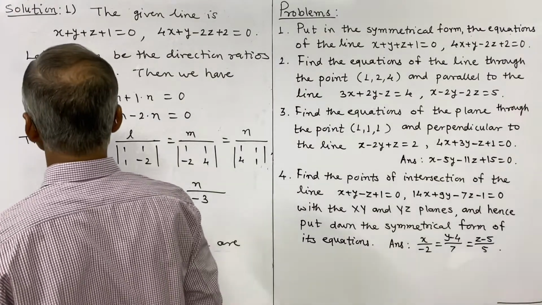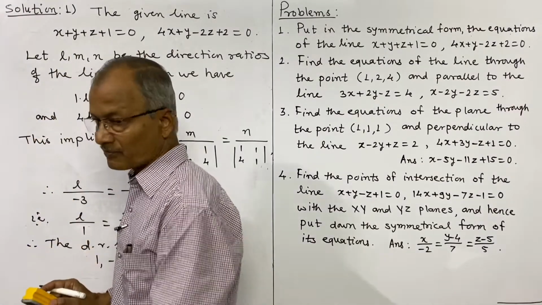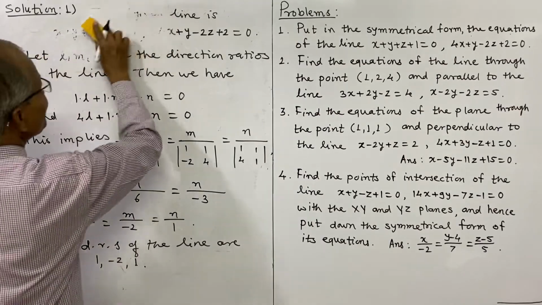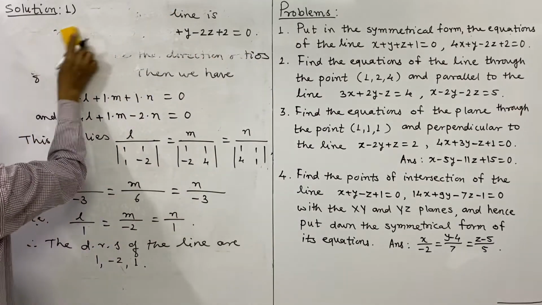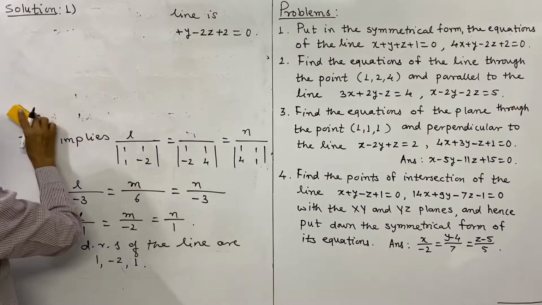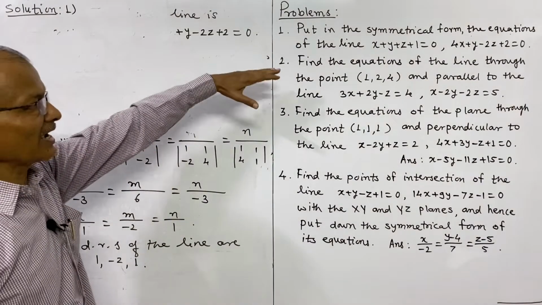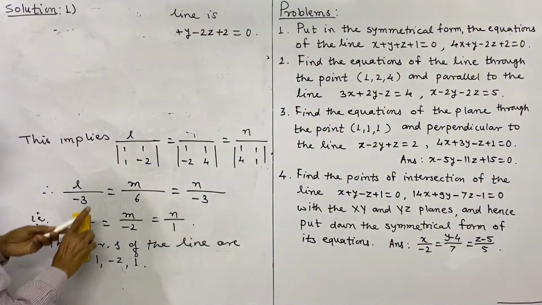Now the next part is to obtain a point on the line, and that we will do now. To find a point on the line, we will consider the intersection of this line with the plane z is equal to 0.